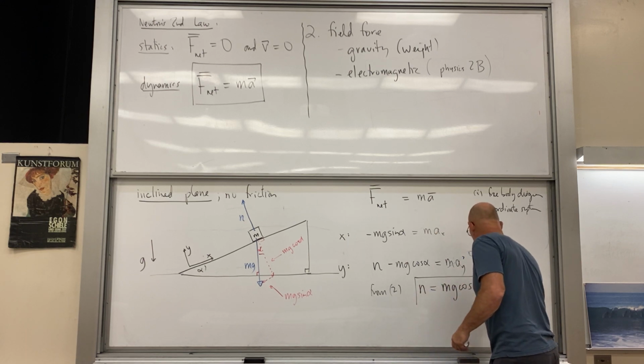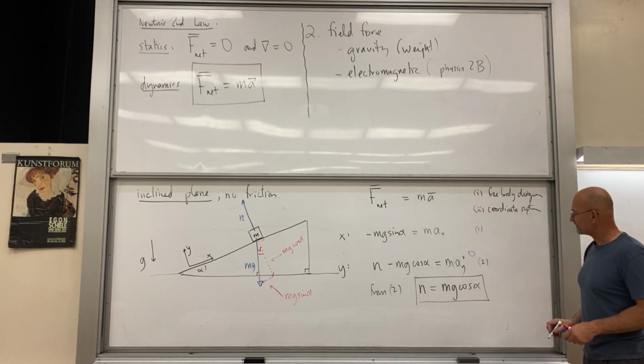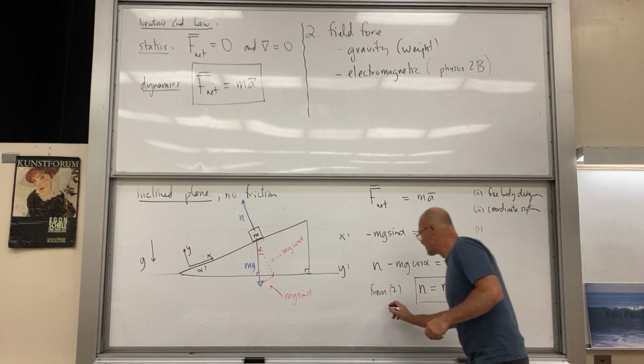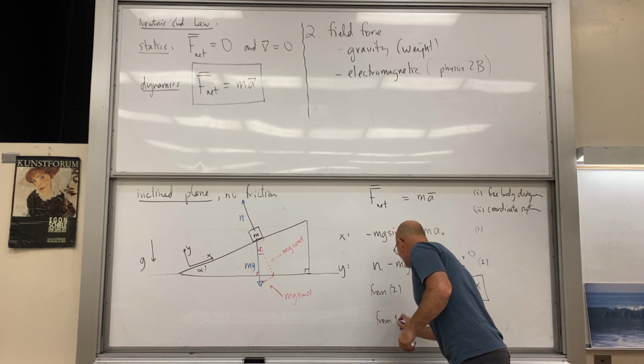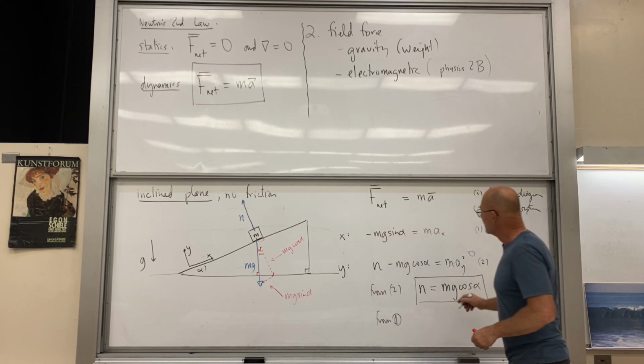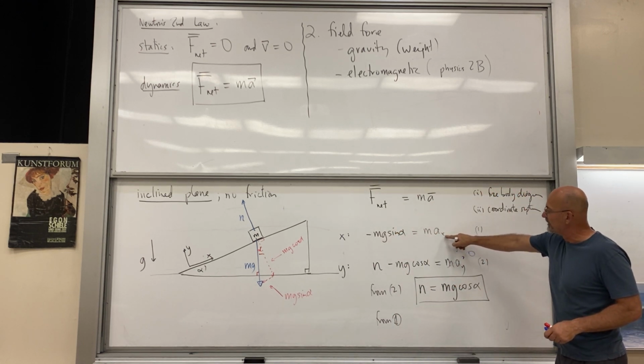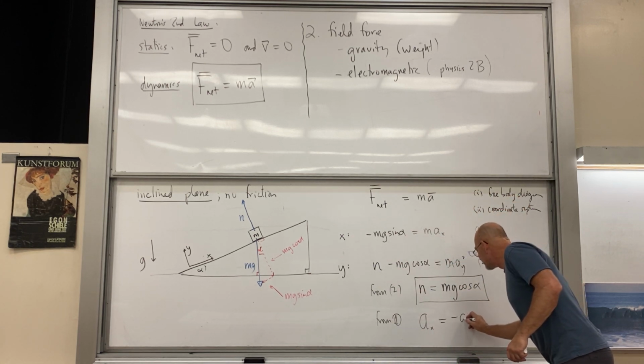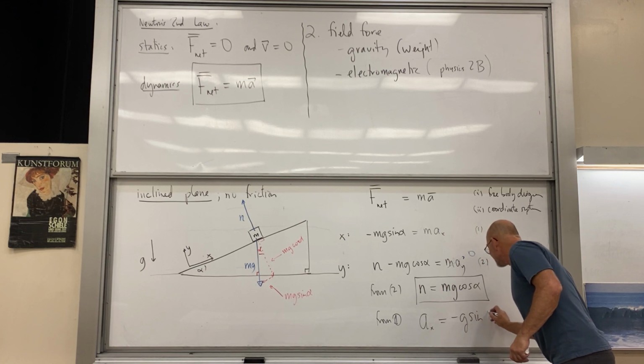Important result. And from the first equation, we're just going to solve for a sub x. Masses cancel. A sub x is equal to minus g sine alpha.